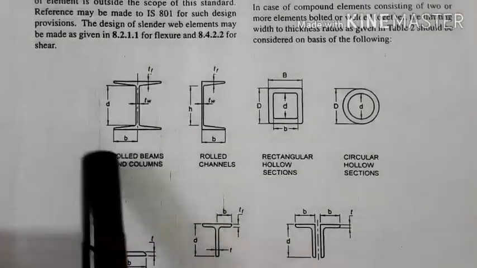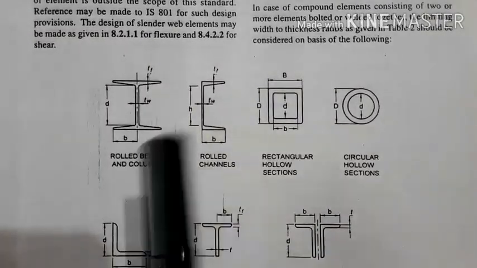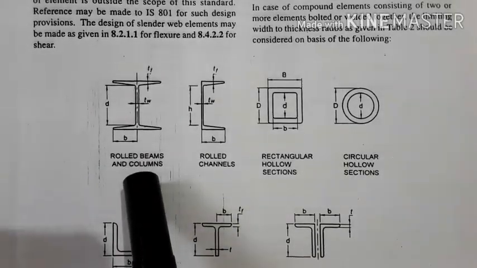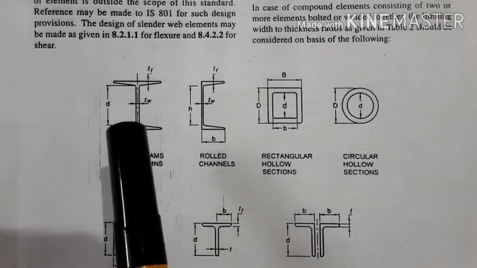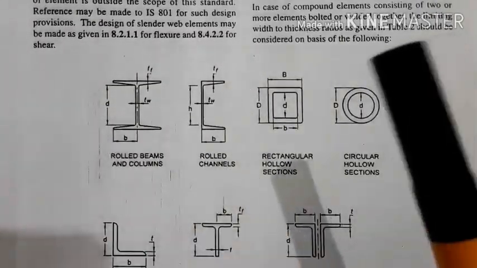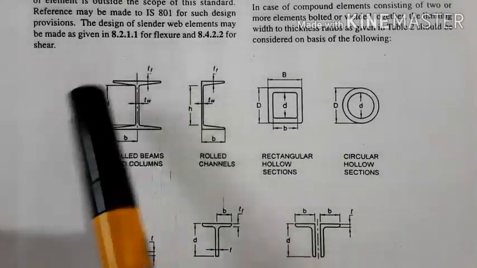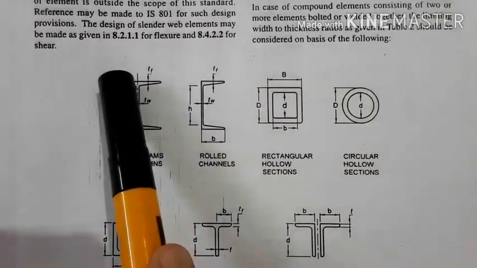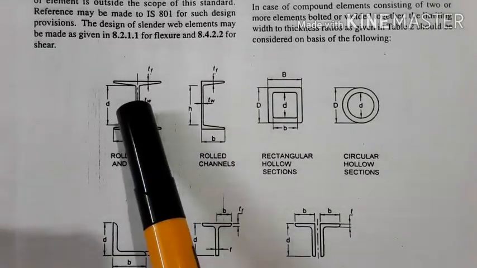This I section can be used as a beam as well as a column, and whether the section is plastic, compact, or semi-compact, you can decide by taking the individual elements of the section. Flange is one element and web is one element.